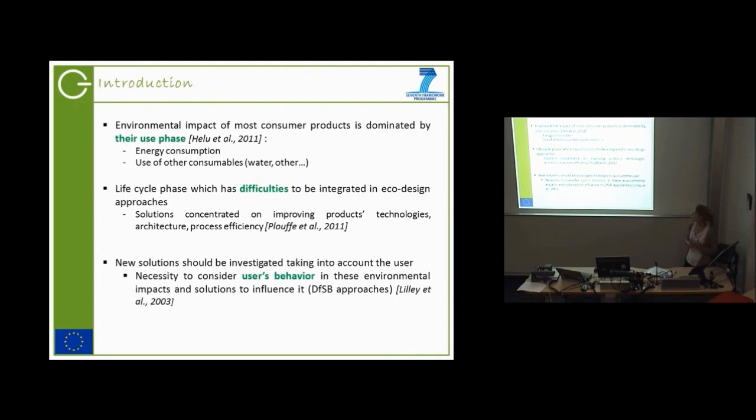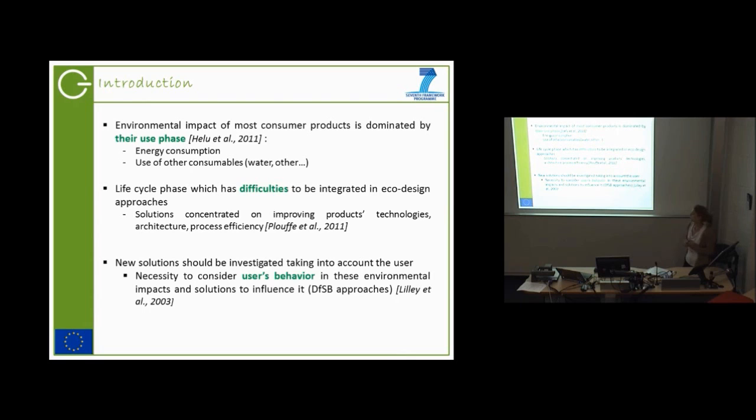Today's solutions are more concentrated on improving products technology and component efficiency in order to produce more efficient products. But we are postulating that however efficiently a product is designed, if it's not well used, it can create a lot of environmental impacts and degrade the environmental performance of the product.